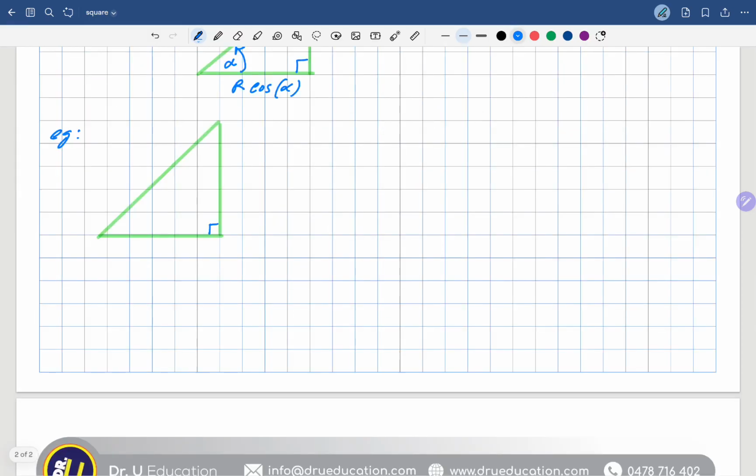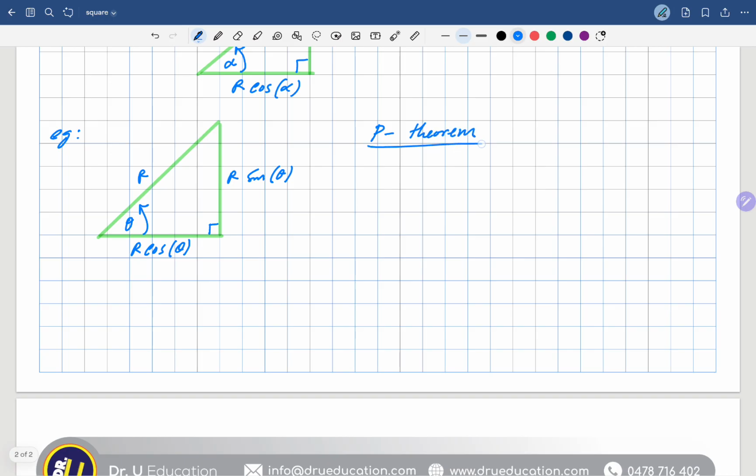Now let's think about this example. Suppose this is theta. Hypotenuse is R, right angle triangle. This I'm going to write as R sine theta. Then adjacent side I'm going to write R cos theta. Now I'm going to use Pythagoras theorem here.